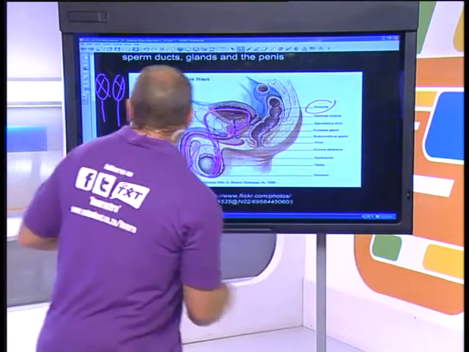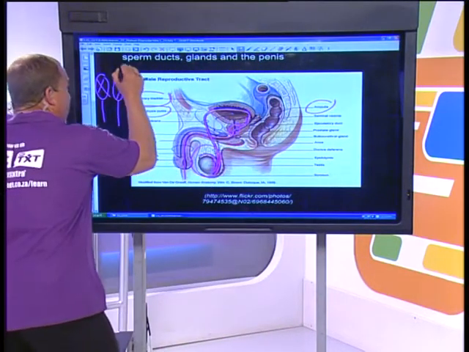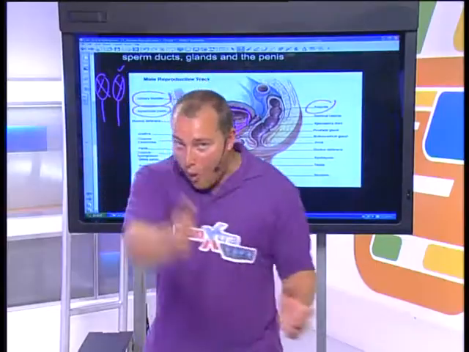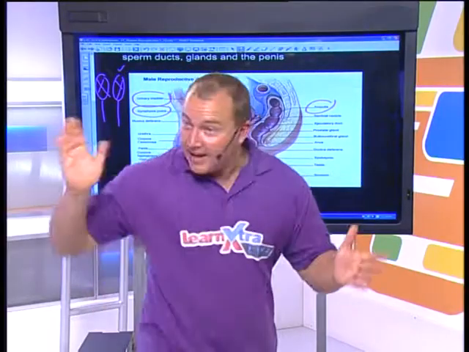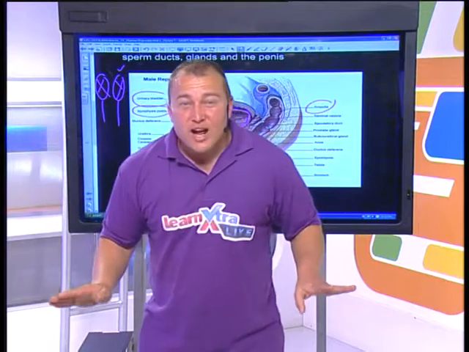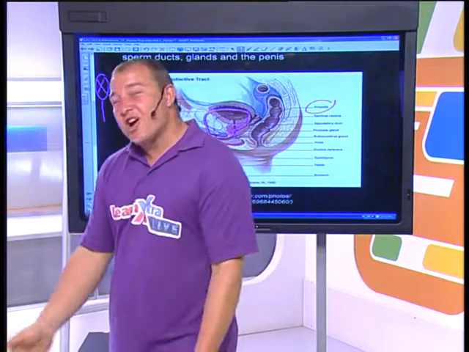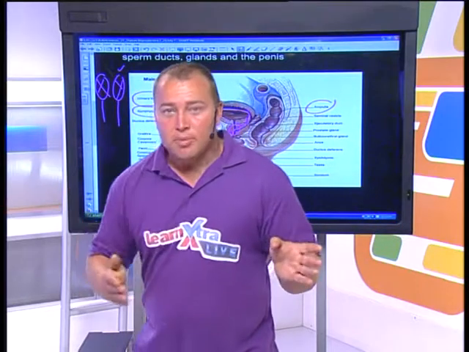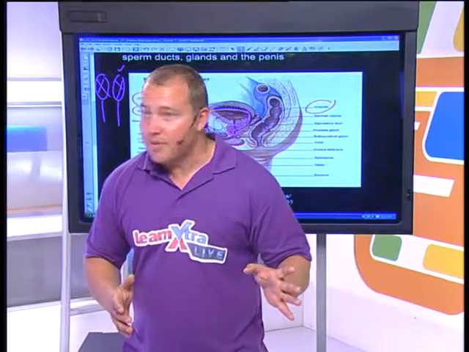Now, this one here, the Y sperm, that brother, he's quick. He holds nothing back. When he's out of the blocks, he goes mad. He doesn't ask for directions. He doesn't stop at a garage. He goes one way, all the way to the fallopian tubes, and he doesn't stop. Are you with me? You understand where I'm coming from?